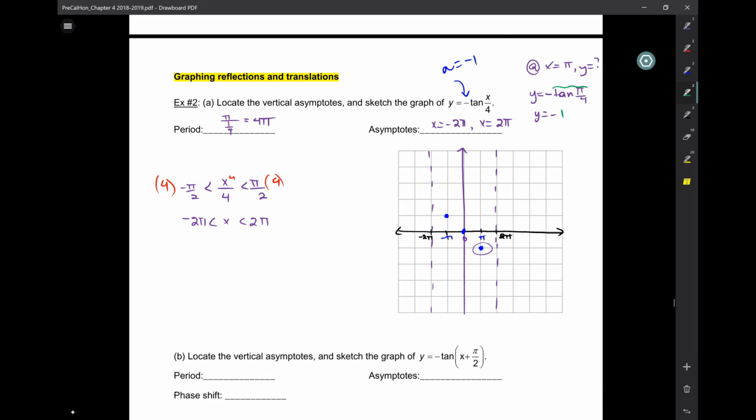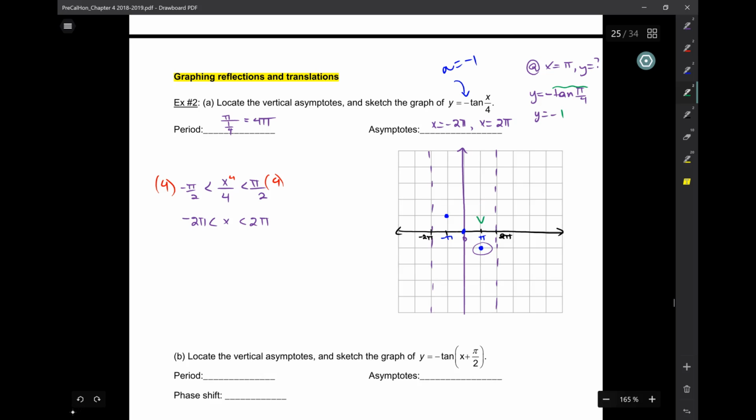Because we are adjusting with the default period, no matter what, if you did it correctly, that first midpoint between the center and the asymptote, when you plug it in, should always correspond to pi over 4. So the tangent is always going to be 1, and then you have to multiply it with the A.